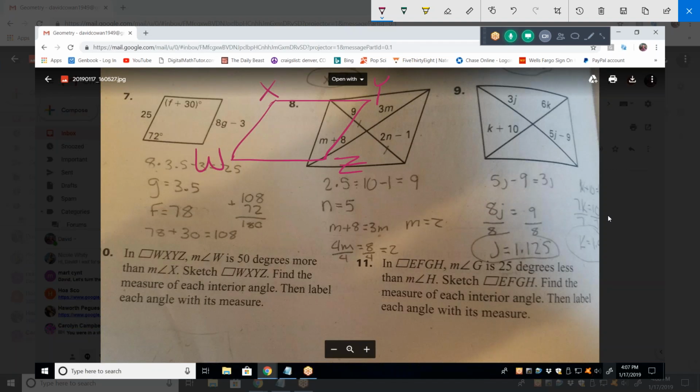Yeah, they equal 180. So we know that W plus X equals 180. And we know that W is X plus 50, right? Yes. So I'm just going to substitute X plus 50 for W. Now solve that equation.